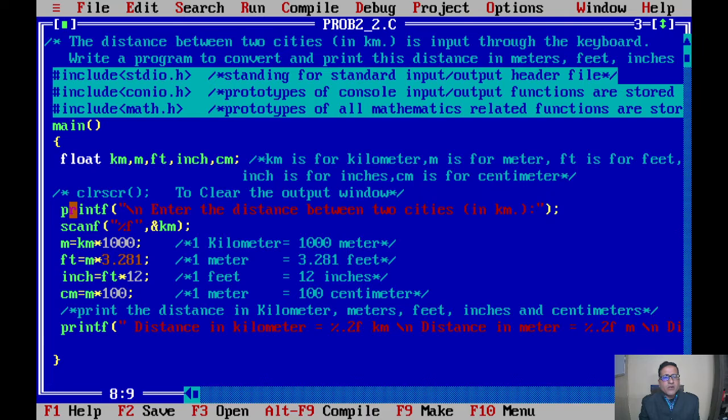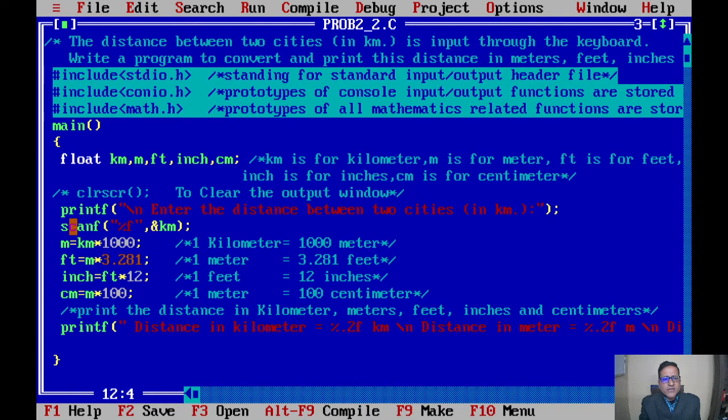After that we can use clrscr to clear the output window, and we will go to the printf and enter the distance between the two cities in kilometers, and after that we can use a colon or equal sign.